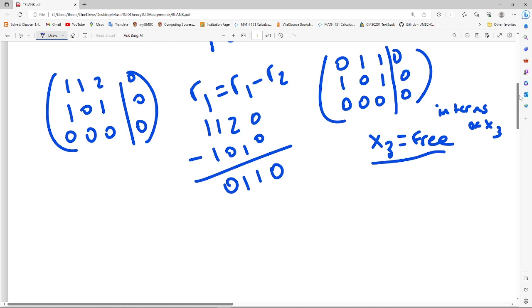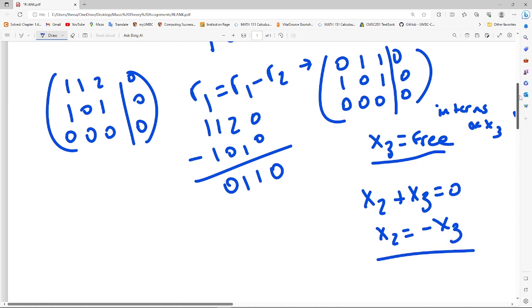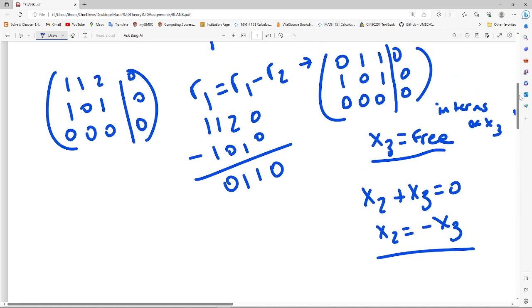Let's do the first row. We'll start off with this row right here. x2 plus x3 equals 0. So what we can do is we have in terms of x3, we need terms of x2, and then we need x1 as well. So we get x2 is equal to negative x3. And then now we need x1. x1 plus x3 is equal to 0.